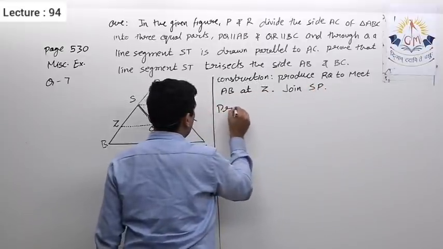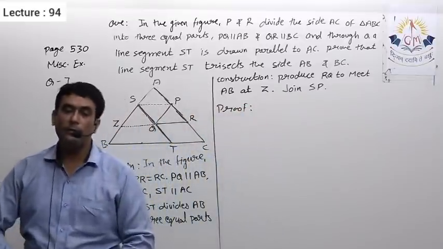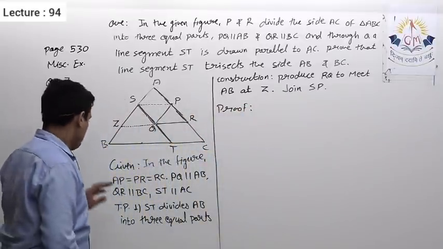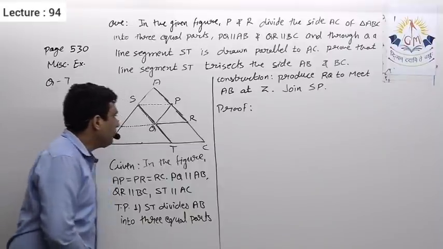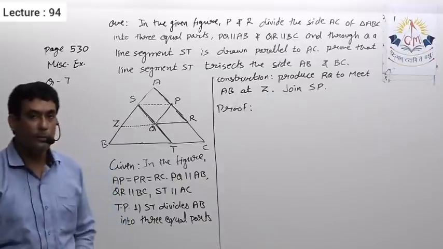Okay, now we will see its proof. I gave you the method of how we have to prove it, so try for a while, then I will give you its complete solution.